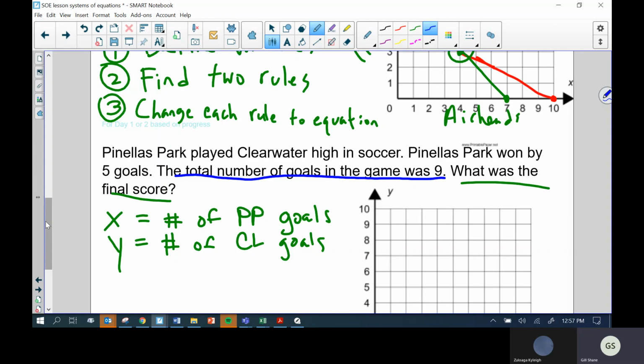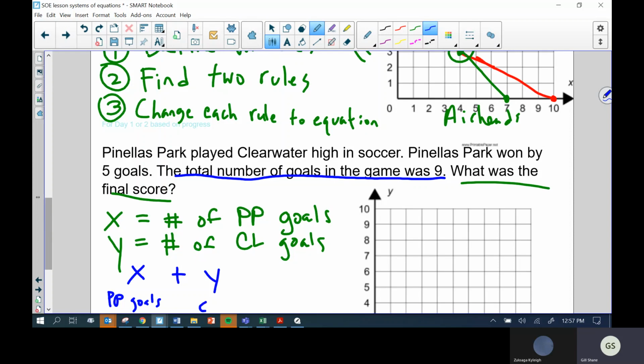X. So if we can say it in words, assuming we do this correctly, the number of goals Pinellas Park scored, so that's Pinellas Park goals, plus, there's your math, plus the number of goals Clearwater scored, which is our other variable.